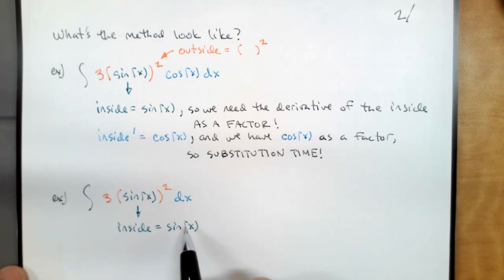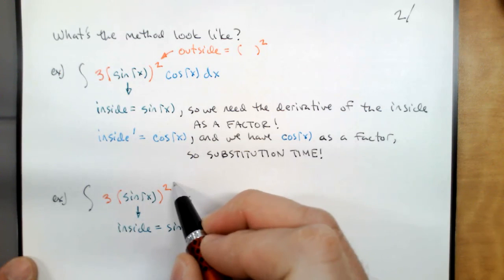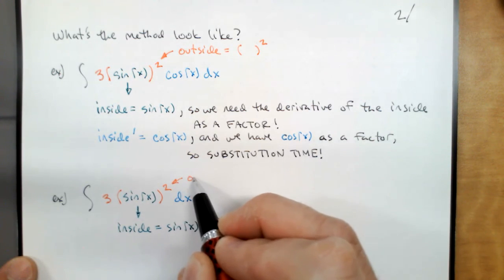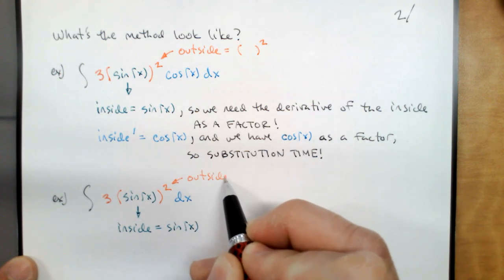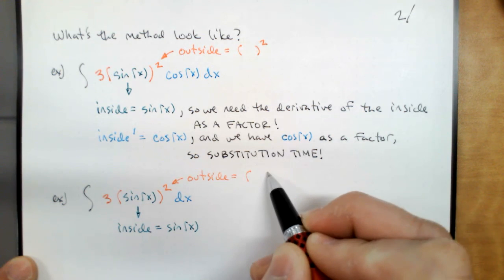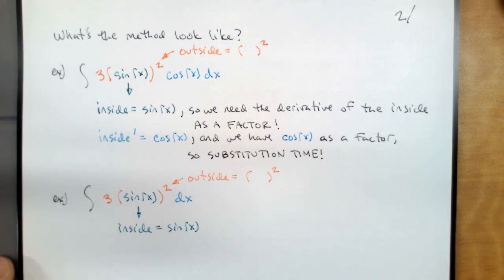When we identify the inside, just as a reading exercise, we should identify what the outside is. So the inside is sine x. The outside is going to be 3 times something squared.